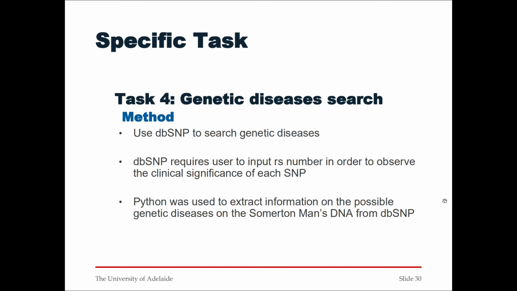The database provides an API that allows the user to input the RSID of an SNP and sends back the relevant genetic information about the input SNP, which includes the clinical effects, in JSON format. And our Python program will extract this information and record the corresponding clinical information.